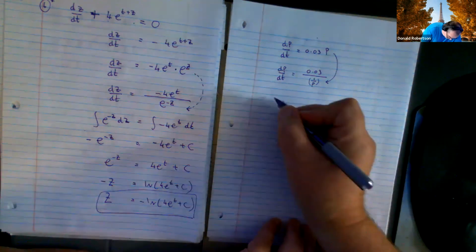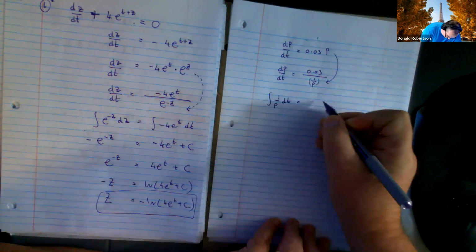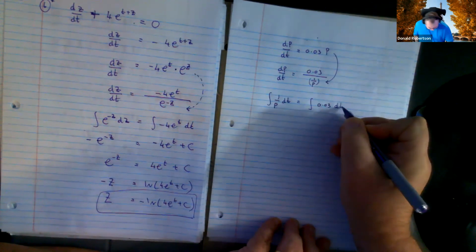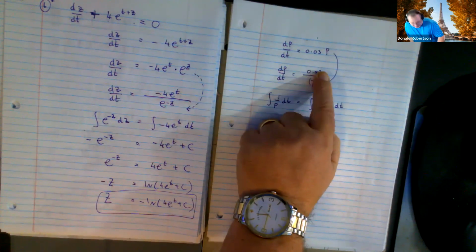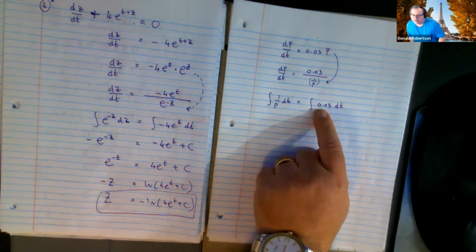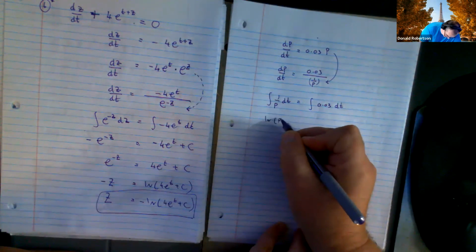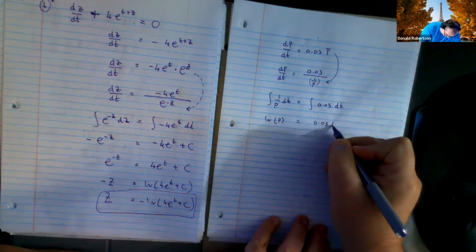When I do this fella, we get that. Now you might say, but there isn't any t there. It doesn't need to have a t, typically it does, but it has to have a value. In this case, it's just that decimal. The natural log of p is 0.03t.